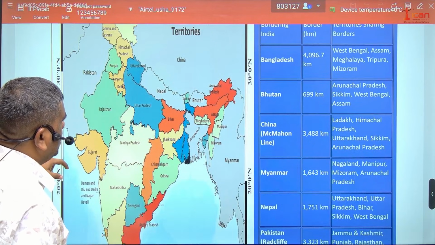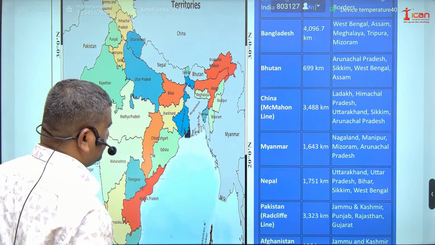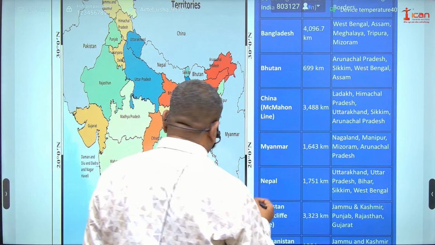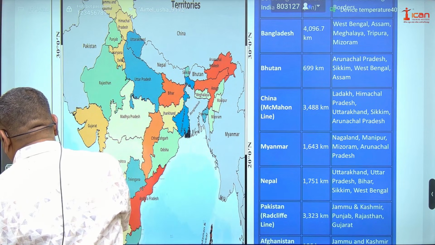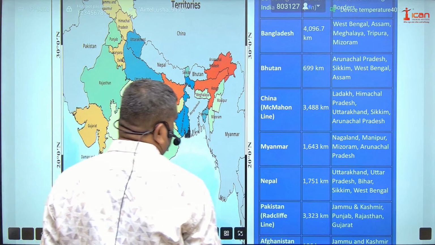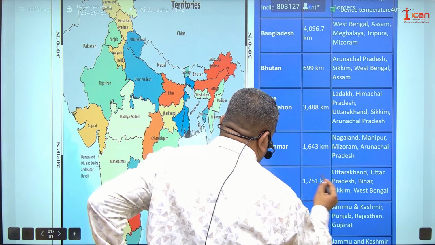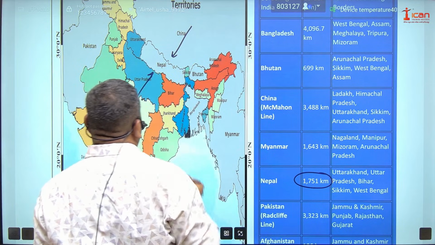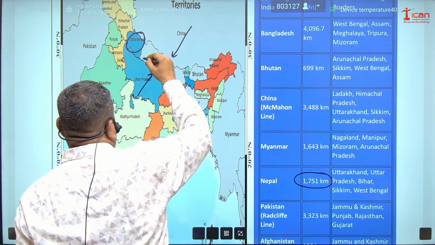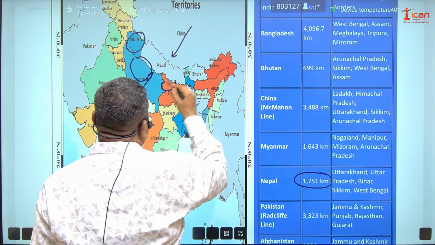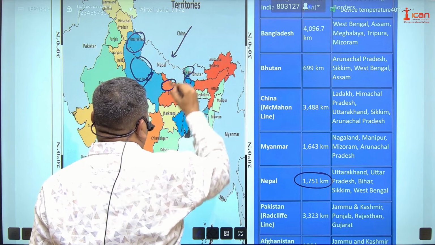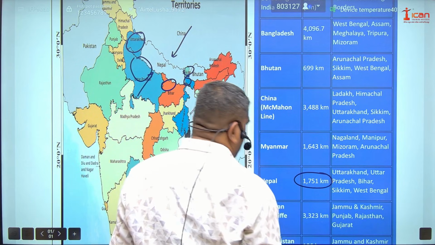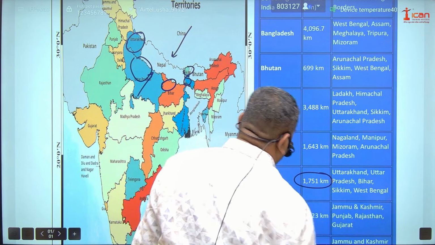Then let us look at Nepal. Nepal is situated between China and India. So what are the states? First is Uttarakhand, a large part is Uttar Pradesh, then Bihar, some part of West Bengal, and Sikkim, right? So Uttarakhand, Uttar Pradesh, Bihar, Sikkim, and West Bengal.